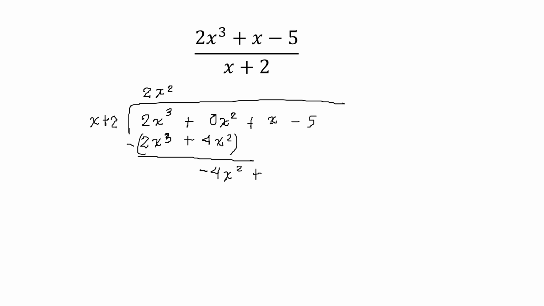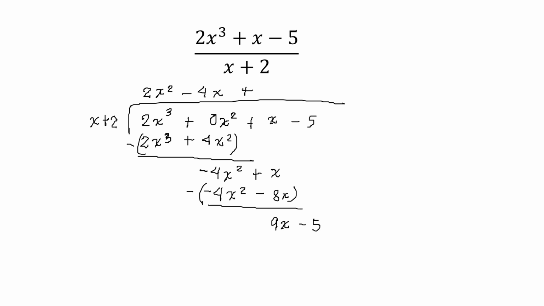Bring down the next term. Divide again. -4x squared divided by x is minus 4x. -4x times x is -4x squared. -4x times 2 is minus 8x. Then subtract. This is 0. x plus 8x is 9x. Bring down the next term. 9x divided by x is 9.